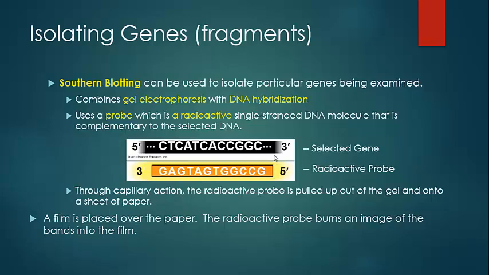The radioactive probe that we create is a piece of single-stranded DNA that is complementary to the selected gene. Since it's complementary to the selected gene, it's going to base pair with that gene. You'll see in a second that we can then use this radioactive probe in order to isolate that specific gene.